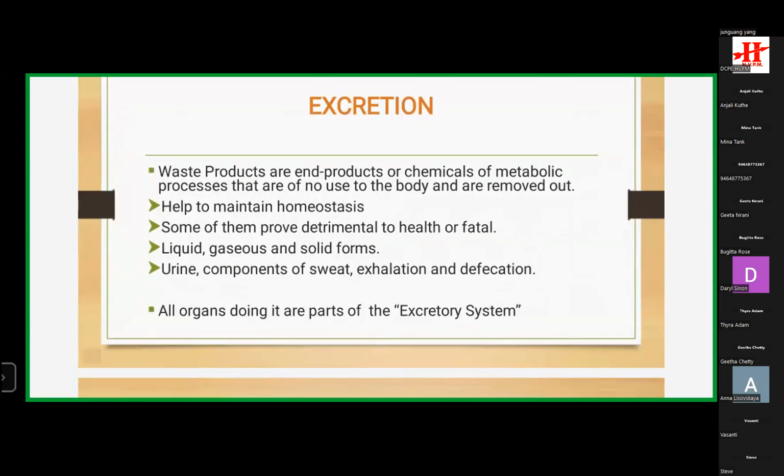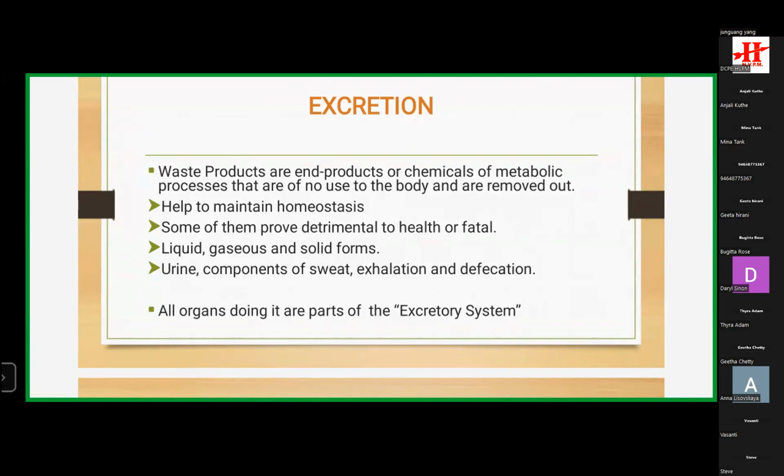Waste products. Which are the waste products? These are the end products or chemicals of metabolic processes, having no use to the body, and they must be removed from time to time from the body.